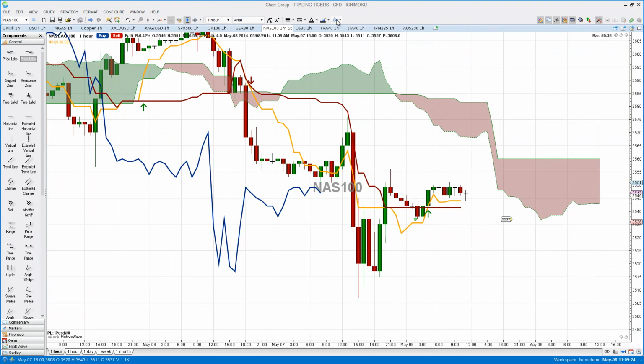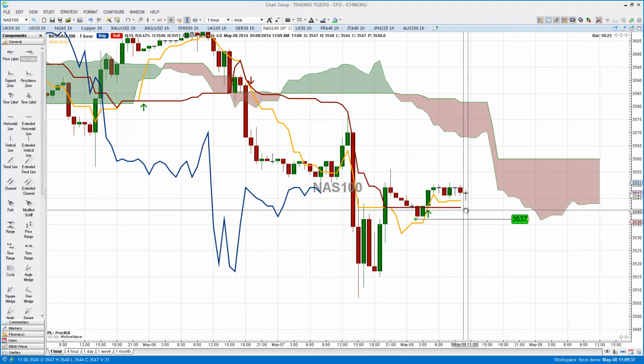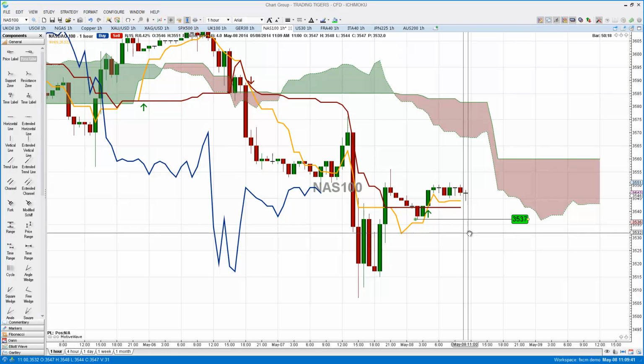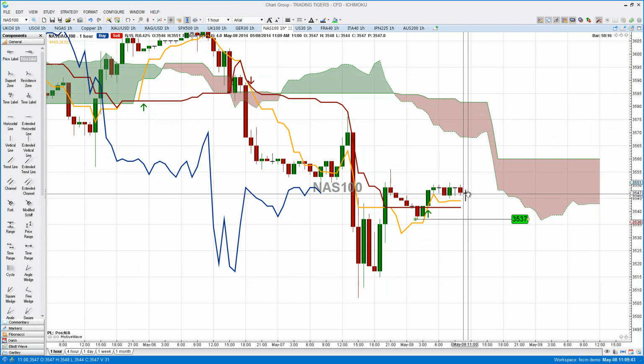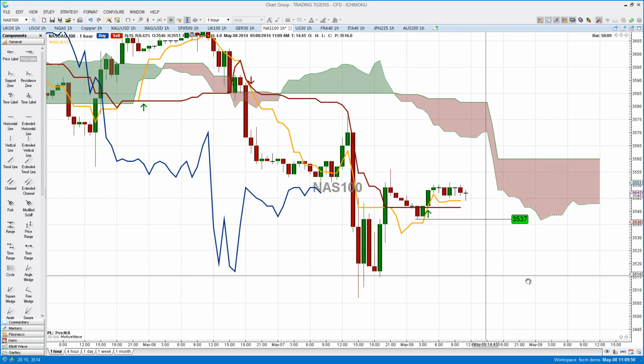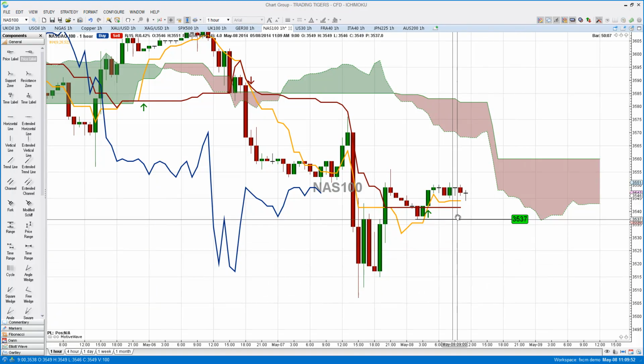So if we were going to take any entry, we would take an entry based on, once again, a cross of price over the Kijun-sen. We have to wait for the price to cross and then enter. For a very aggressive entry, you could take it as the price crosses, but you know how it is in trading, especially on the 1 hour. That's probably a little bit dangerous, I would say.